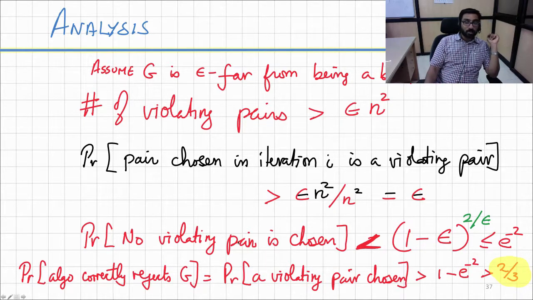This step is talking about the probability that we will be incorrect, that we will not be able to pick any violating pair. Well, the probability that the algorithm will actually reject the graph is simply the probability that some violating pair will be chosen, which is at least 1 minus e to the minus 2. And since e to the minus 2 is small, less than a third, we ensure that the probability of correctly rejecting the graph G is at least 2/3.